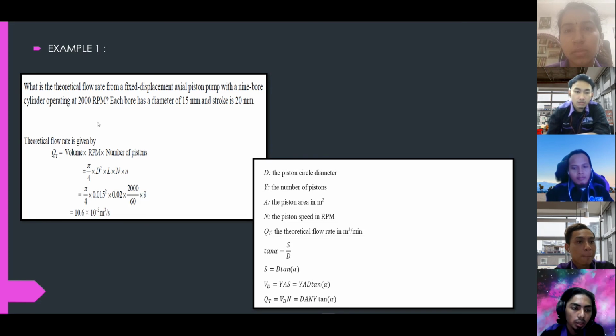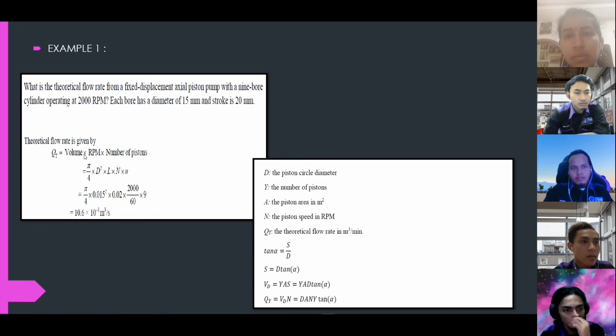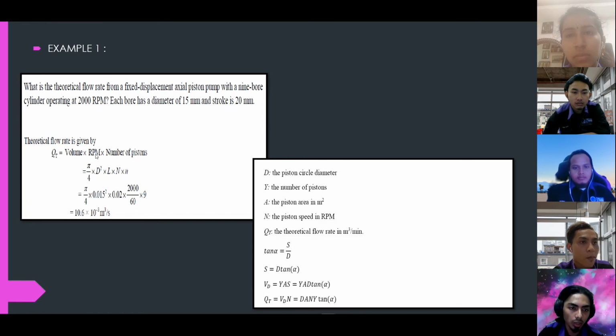The theoretical flow rate is given by the formula QT equals volume times RPM times number of pistons. Then we calculate the volume. The formula is pi over 4 times diameter squared times length, and N is the RPM and the number of pistons.